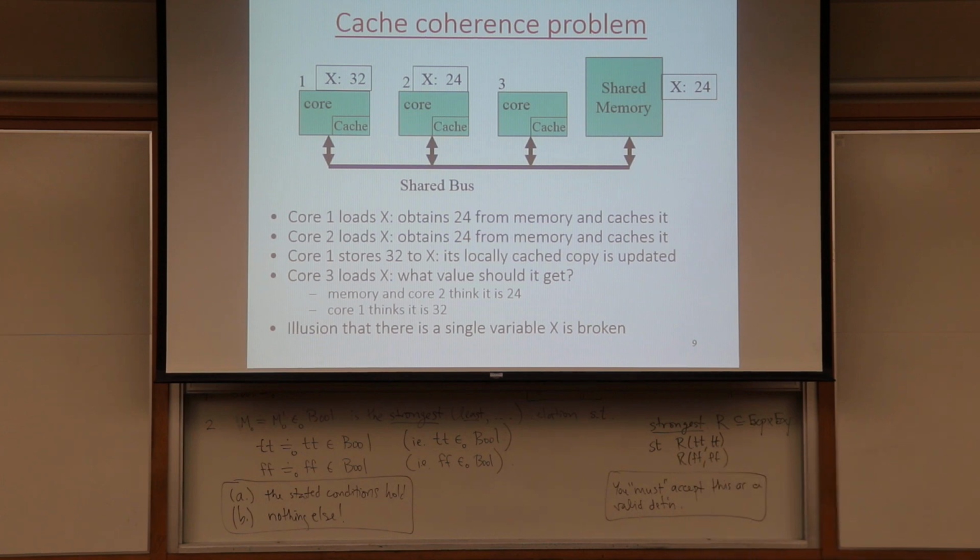It may not be cached anywhere, but if it is in any cache, it is there in exactly one cache. And if any other core wants it, it needs to get it from the core that owns it. So intuitively, there's only one sign-up sheet, and then that has to be passed around between you if you want to sign up for it. That's the idea.